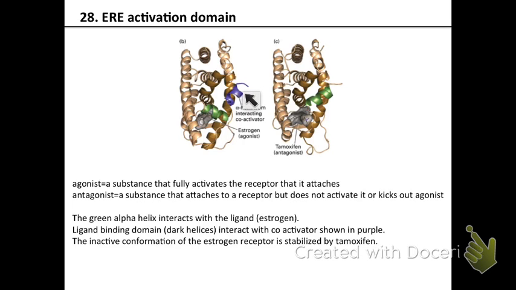So transcription coactivators, give me an example of a transcription coactivator. Something that helps a transcription factor activate transcription. It's from the eukaryotic transcription lecture. There's a huge complex with so many proteins in it.